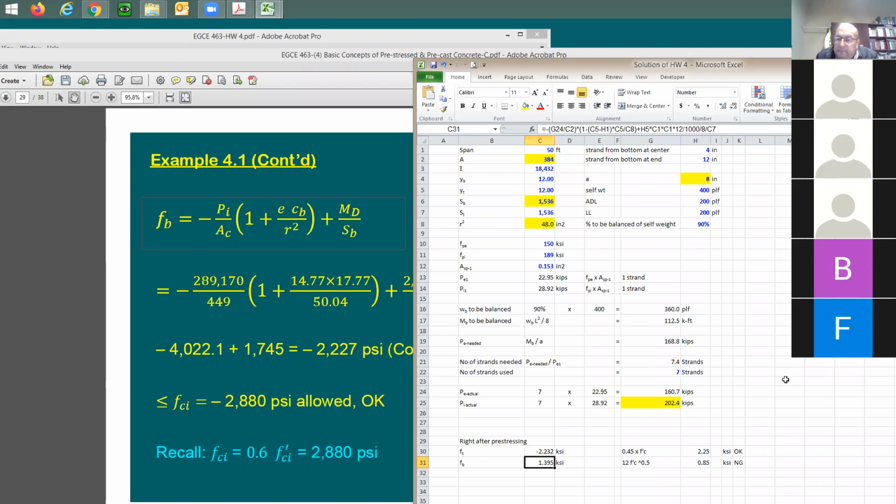I got negative 0.604. Okay, did you try now this equation with these numbers given here? Yes. And you're not getting the same answer at the bottom, right?